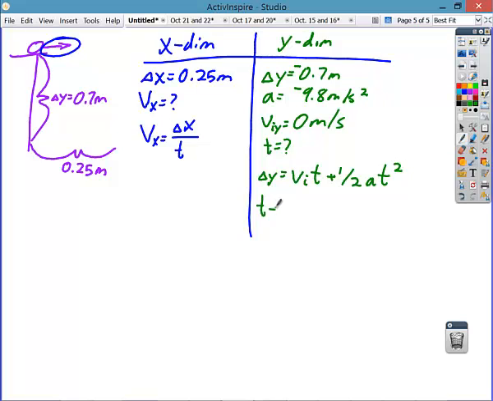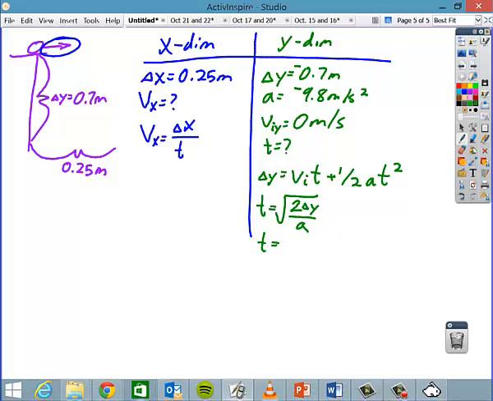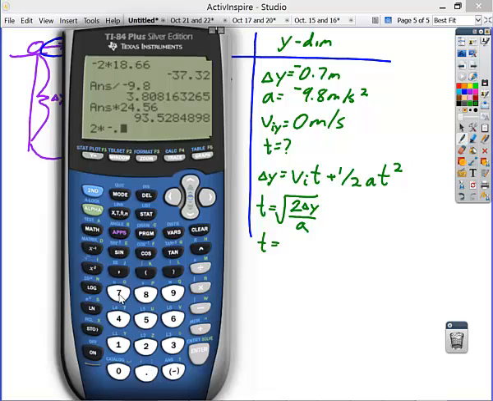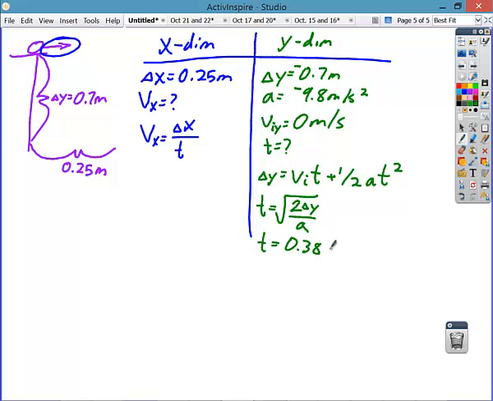So time will be equal to the square root of 2 delta y over a, and time is equal to, bust out the calculator, 2 times negative 0.7, divide that by negative 9.8, and take the square root. You okay? I get 0.38 seconds.